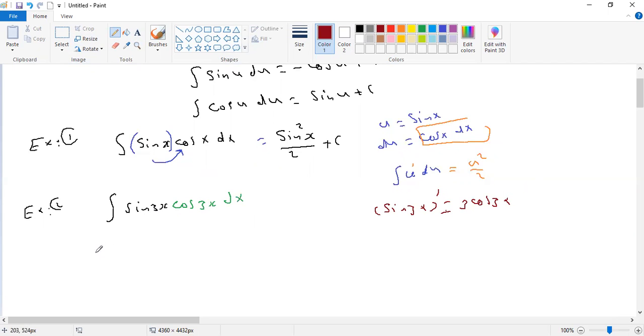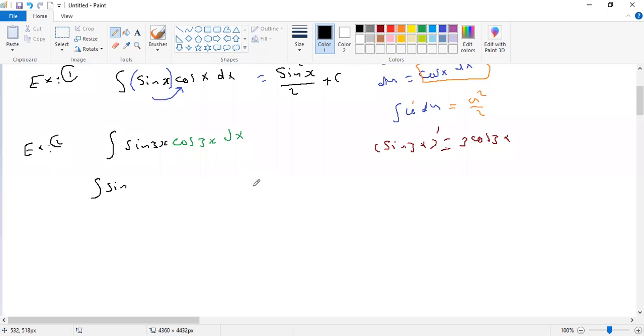So I can write the integral of sine 3x cosine 3x dx, with sine 3x first and then cosine 3x dx.